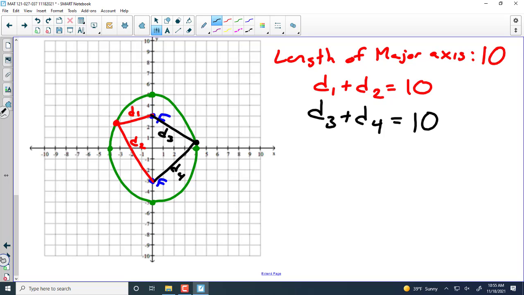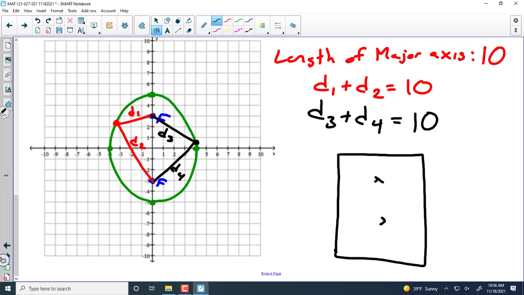There used to be an illustration that they put in math books where you take a piece of paper, and you put a thumbtack in the paper here and here, and you put a loose loop of string between them. And then you take a pencil and pull it taut and draw it around like this. And actually what that would do is create an ellipse.